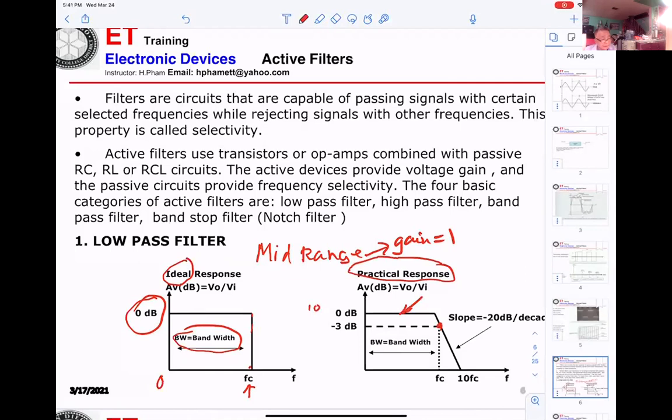At 3 dB down, what is the voltage? 7.07 volts. That means minus 3 dB is equivalent to 0.707.